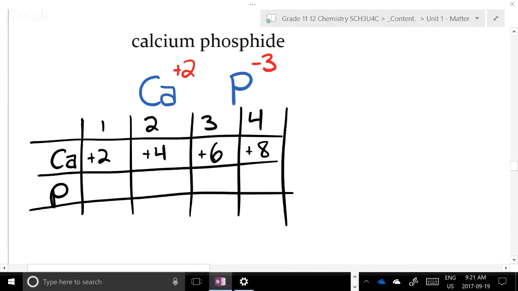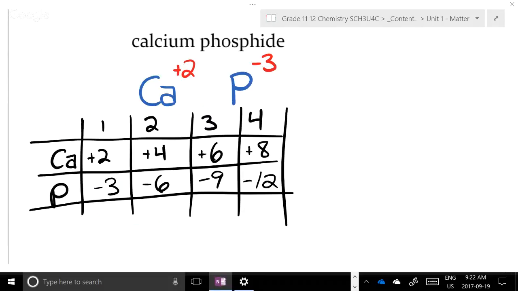I could keep going, but I'm going to stop at 4, because spoiler alert, the answer is less than 4. If I had 1 phosphorus, what would its charge be? Negative 3. If I had 2 of them, what would its charge be? If I had 3 of them? And if I had 4 of them? Minus 12.